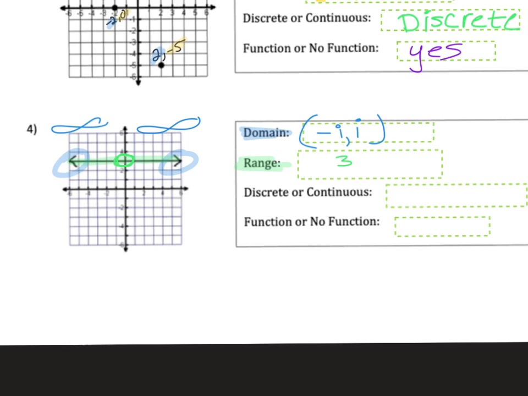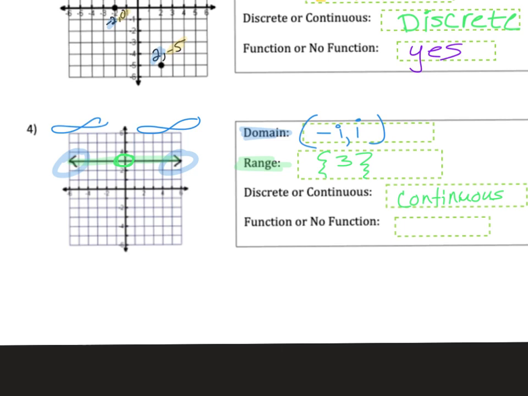So even though this is a continuous graph, and we typically use interval notation when we're dealing with a continuous graph, in this case, the range is literally just one number. So when it's only one number, not an interval, we're still going to use those little curly braces.